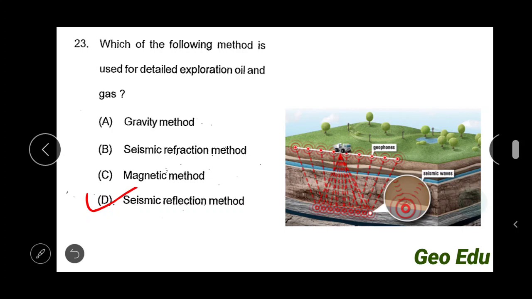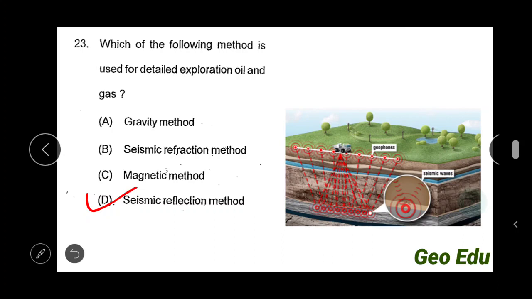And there are different electrical methods: the resistivity method is used for groundwater survey; the induced polarization (IP) method is used for large disseminated sulfide deposits; and the self potential (SP) method is used for sulfide veins, graphite, and also groundwater.